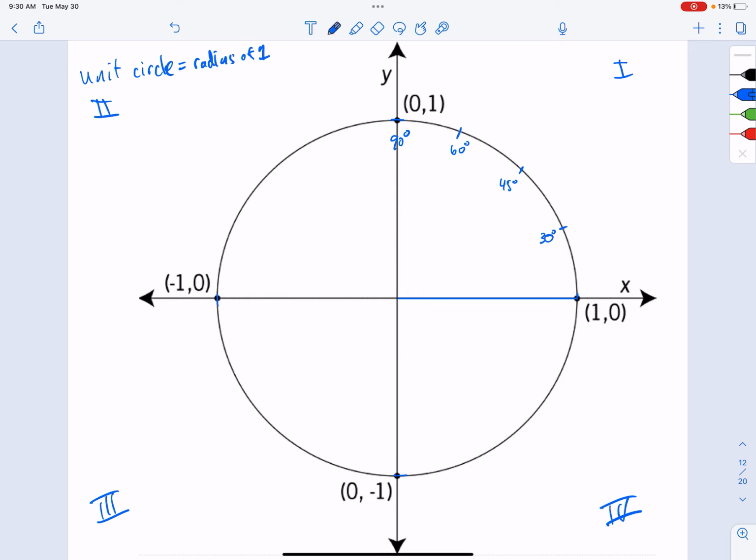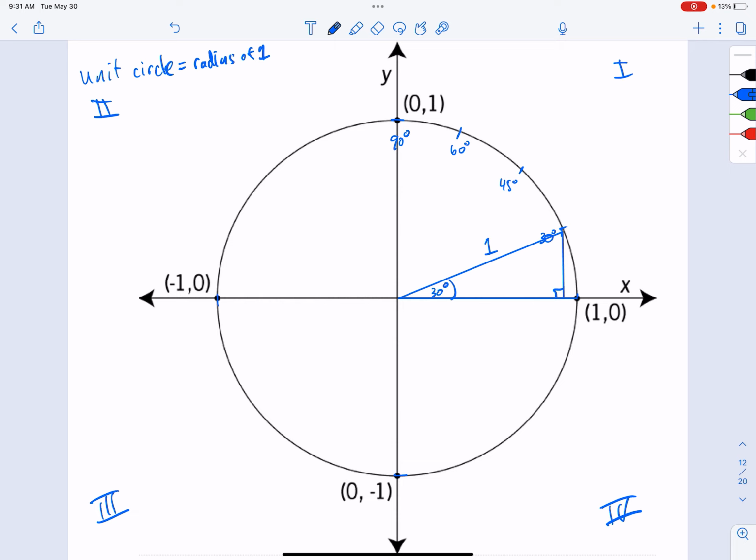So if I look at that 30-degree angle, what I can do is I can draw a right triangle with the origin and that horizontal value. So here's my right angle. And because this is a unit circle, the hypotenuse of this triangle is 1. And 30 degrees is this angle down here.